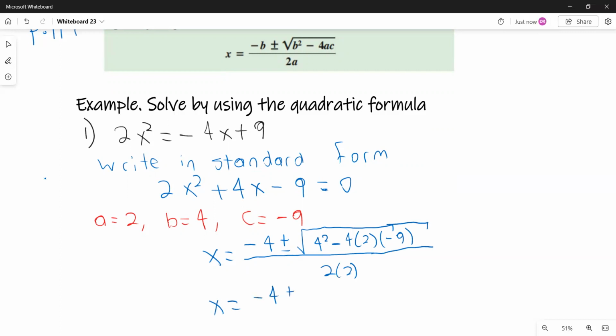So x is minus 4 plus minus 4 squared is 16. 4 times 2 is 8. 8 times 9 is 72. And then we have minus plus minus, so that's going to be plus 72, divided by 4.